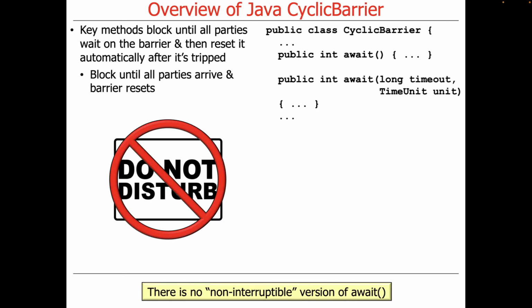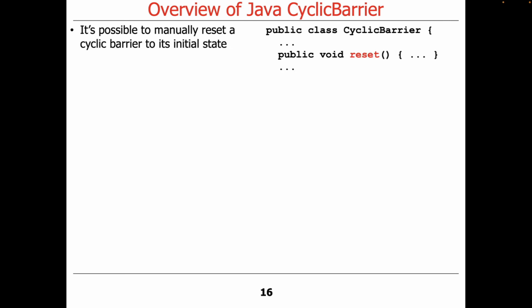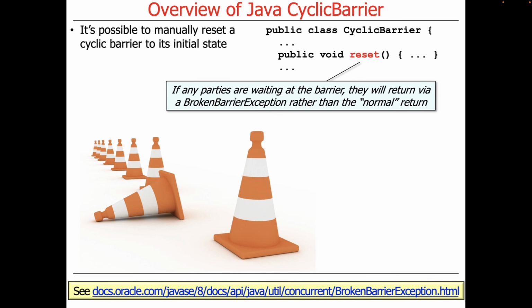Now, those are by far the most common methods, await. But there's also a reset method, and that allows some thread or the barrier action to manually reset a cyclic barrier to its initial state. You would typically have this done by a thread, not really by a barrier action. It's just a way to say, everybody break the barrier, and you can decide if you want to keep going or not.